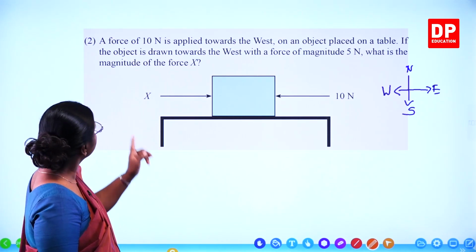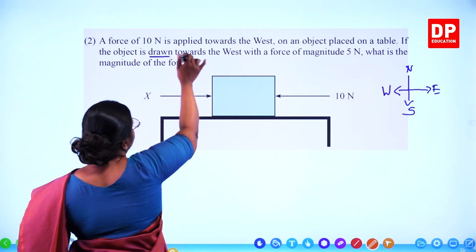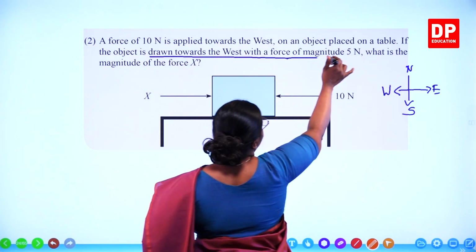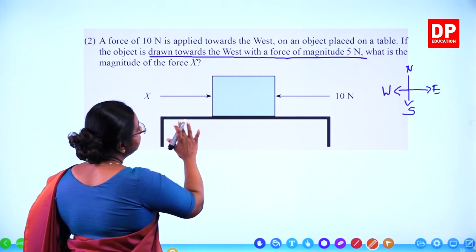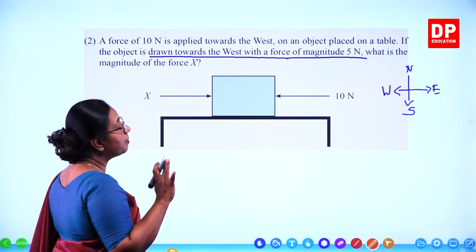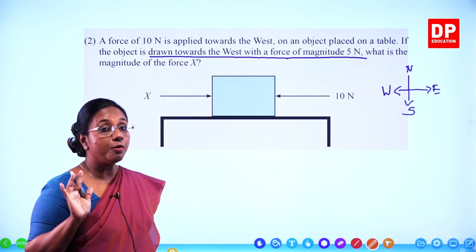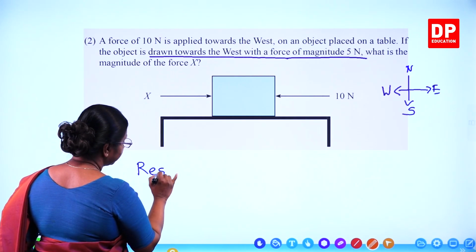But they say if the object is drawn towards the west, it's drawn towards the west with a force of magnitude 5 Newton. So here, obviously, these two are opposite forces, collinear opposite forces. So then, what is going to be the resultant?